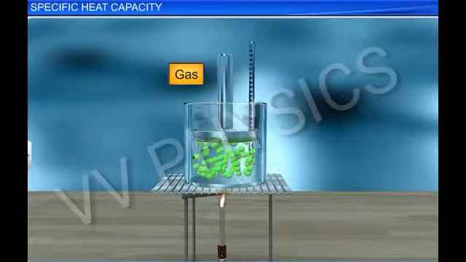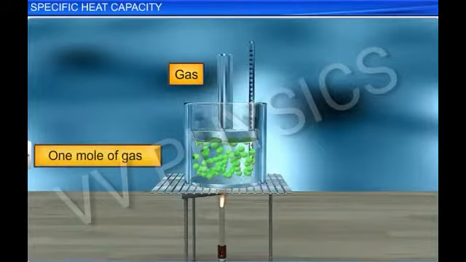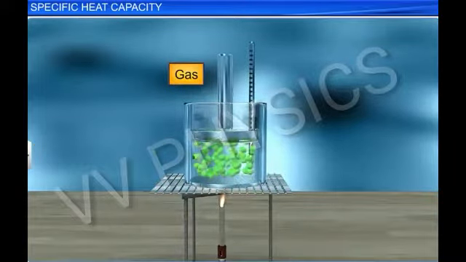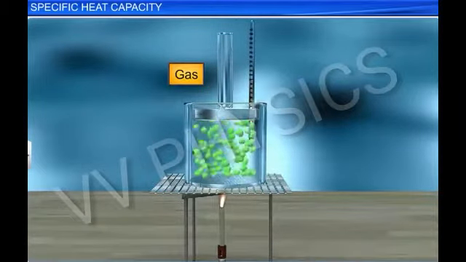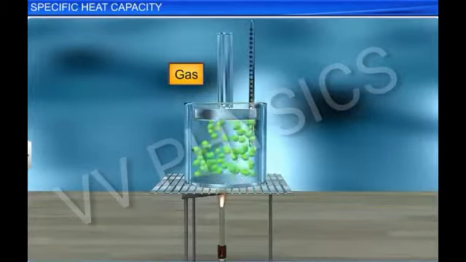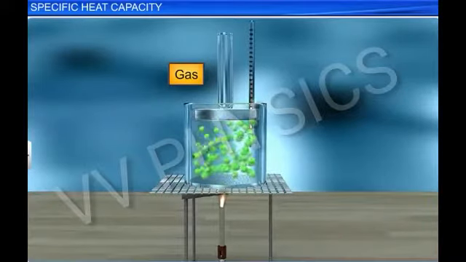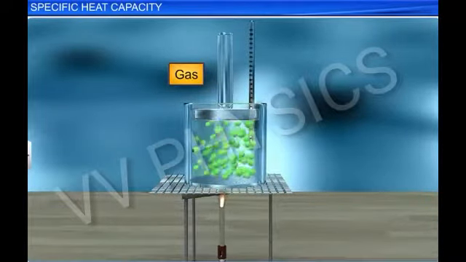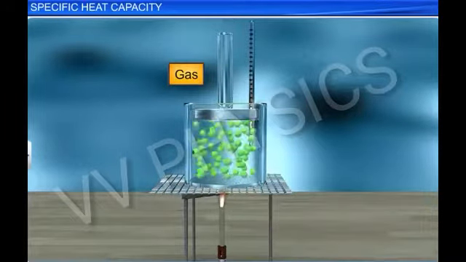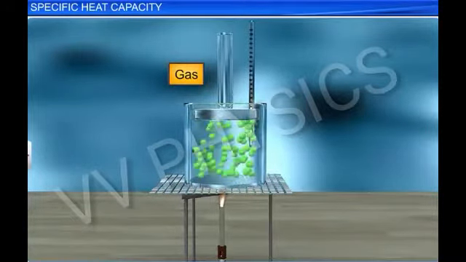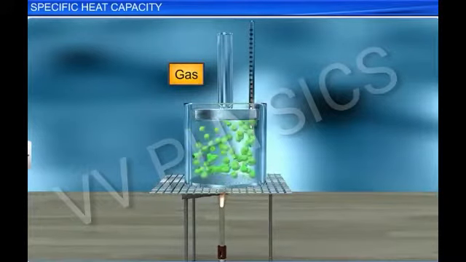If we heat a gas by keeping its pressure constant, then the heat delta Q required to raise the temperature of 1 mole of gas by 1 unit is called its molar specific heat capacity at constant pressure and is denoted by Cp.